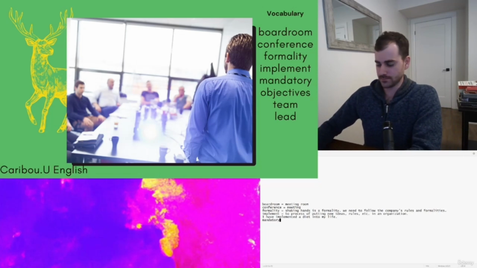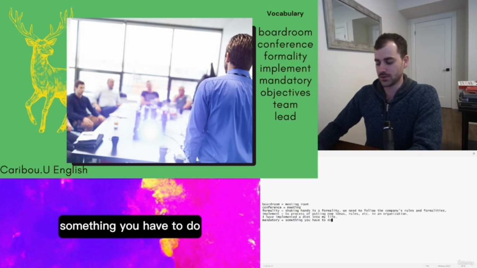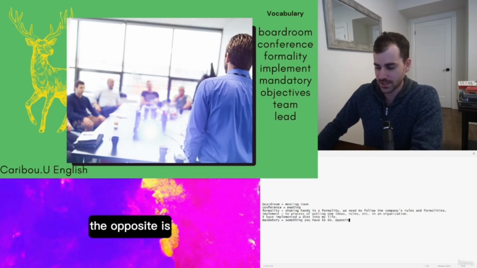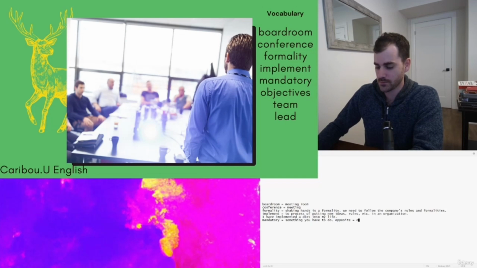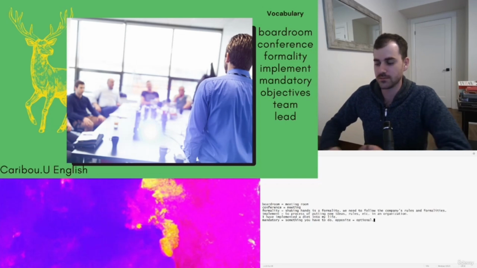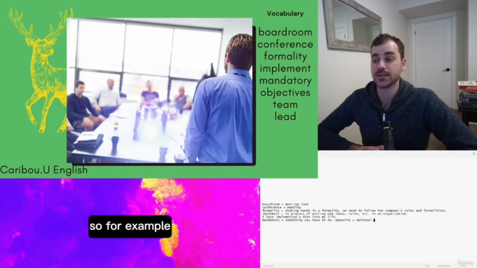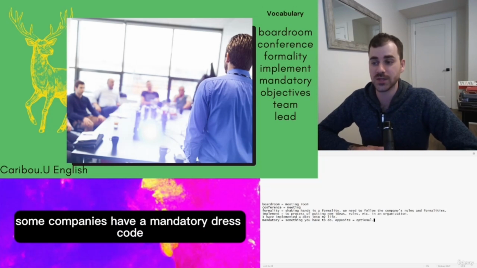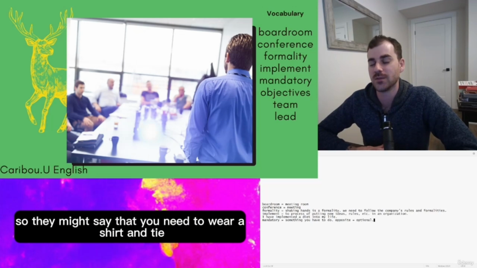Mandatory. Something you have to do. The opposite is optional. So, for example, some companies have a mandatory dress code. So they might say that you need to wear a shirt and tie.